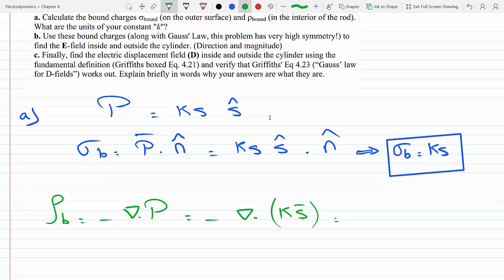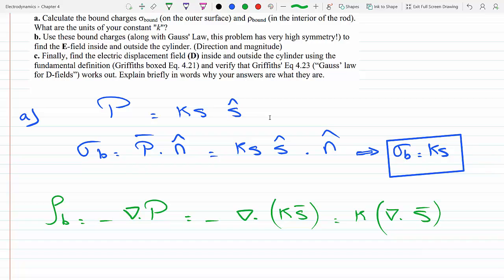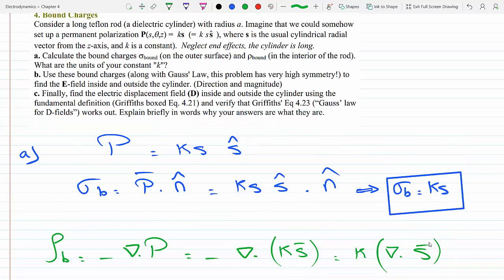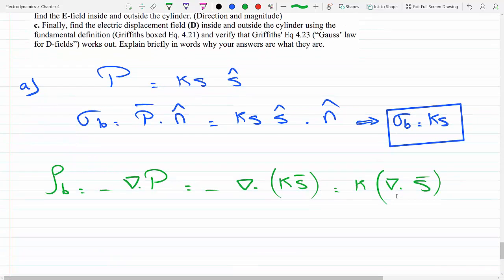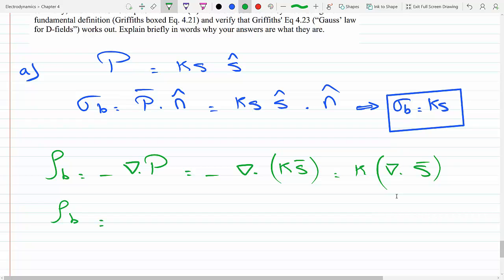I can pull the K out, it's a constant, so this becomes divergence of S. Okay, so this is the divergence in the back cover of your book in cylindrical coordinates.